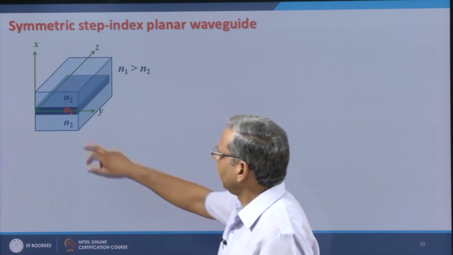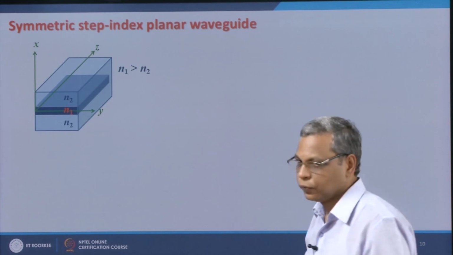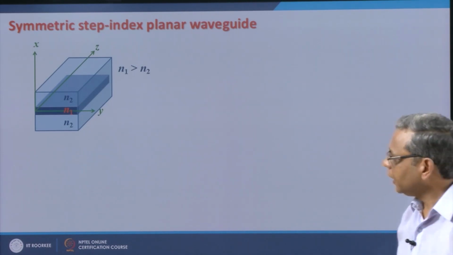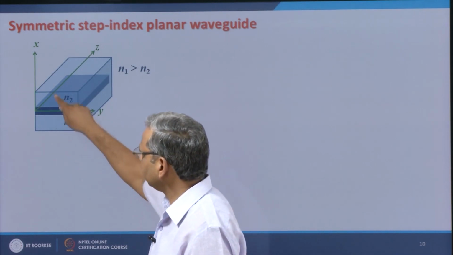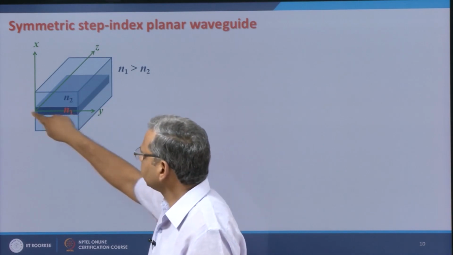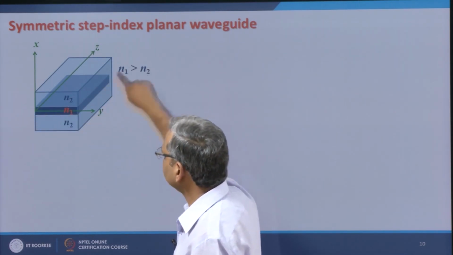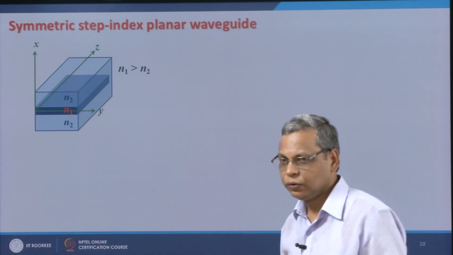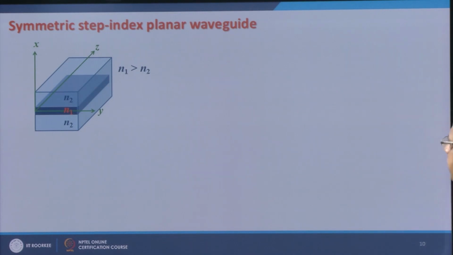So I have n1, n2, n2 here, and n1 is greater than n2. Again, there is a refractive index discontinuity only in the x direction. In the y direction it is infinitely extended. In the z direction also there is no index discontinuity and it is infinitely extended.